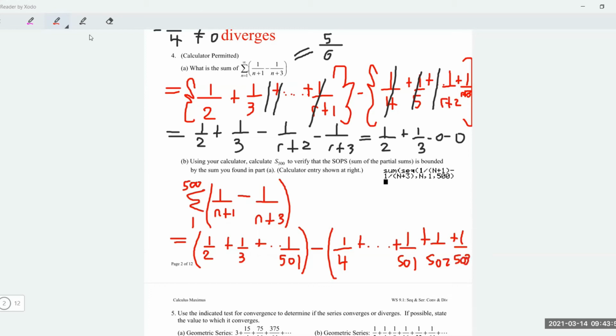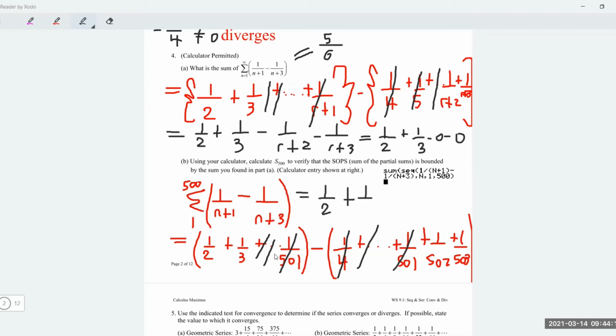I show you all of that simply because the 1 over 4 cancels the 1 over 4 here. 1 over 5 cancels the 1 over 5 here. 1 over 501 cancels the 1 over 501 here. And so what we're left with is the 1 over 2 plus the 1 over 3.